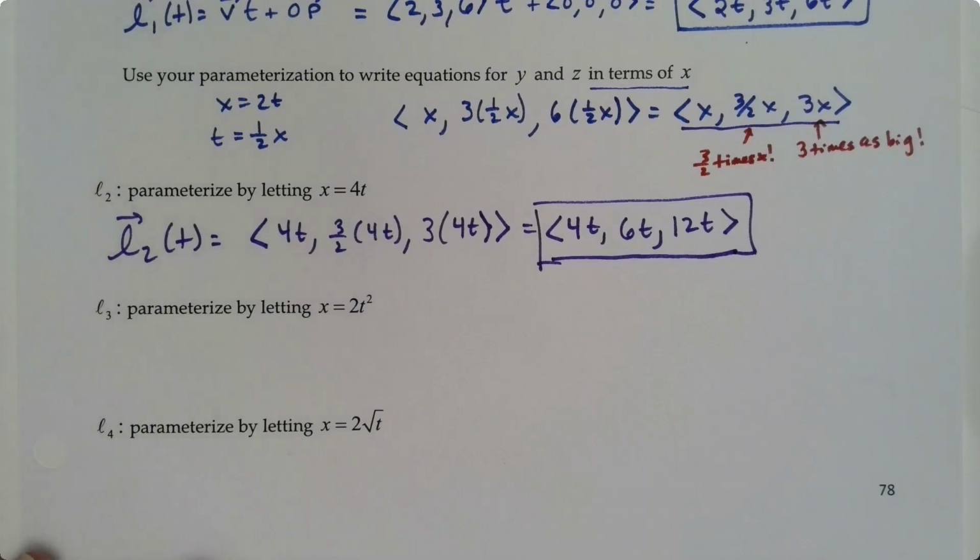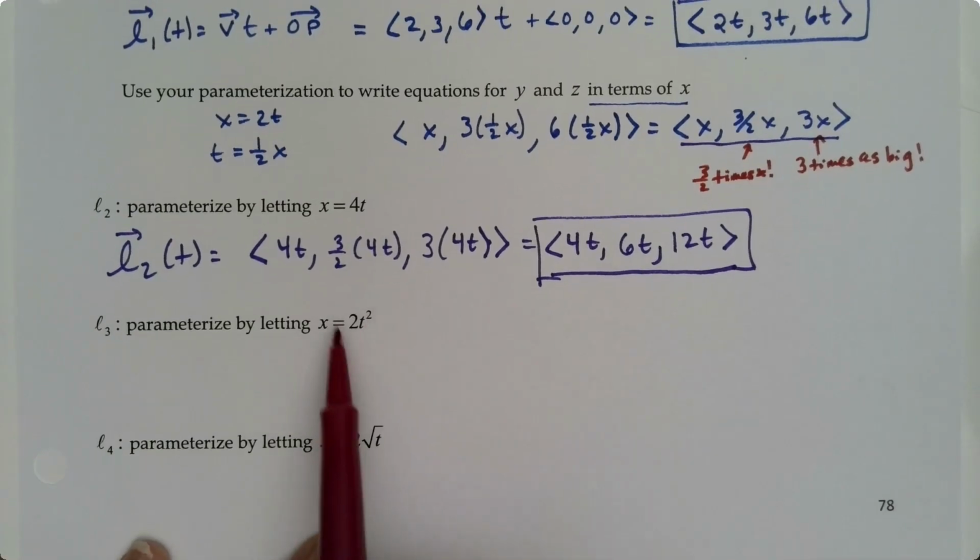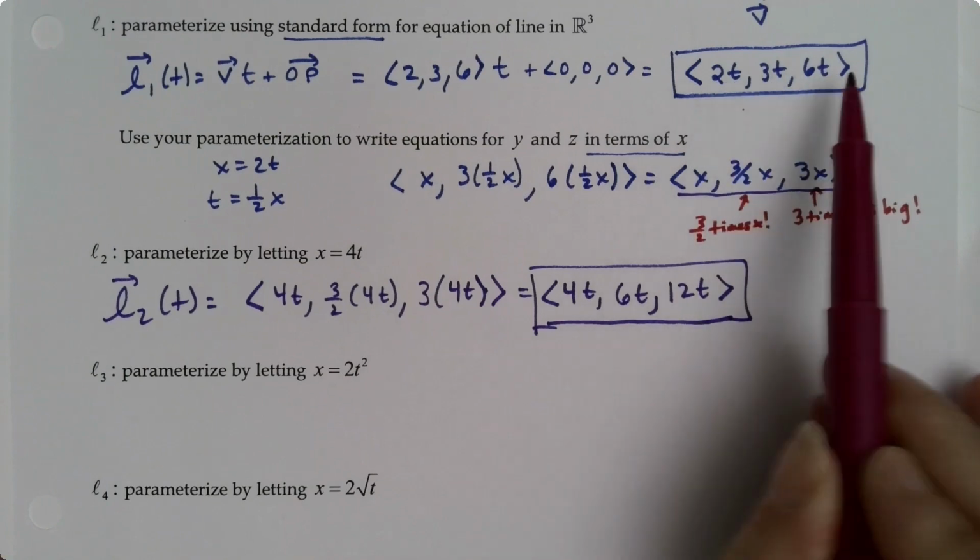All right, what about L3? Well, this is going to be a little different. It's basically taking the original and multiplying it by t, right? So if I took the original and multiplied everything by t, I would have it.